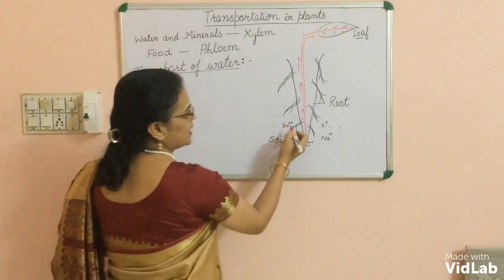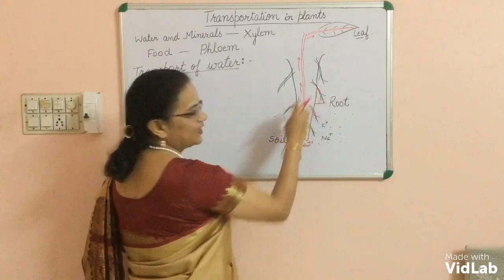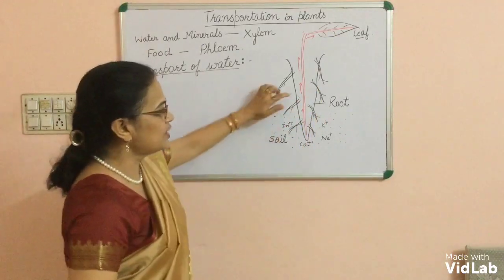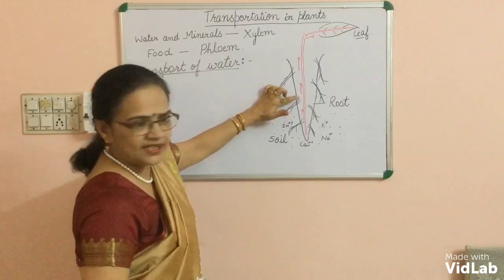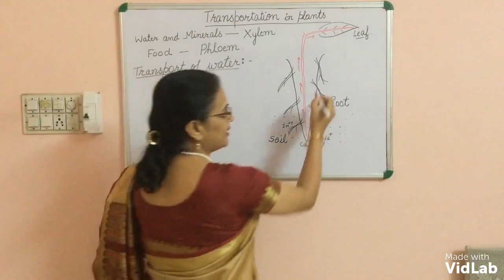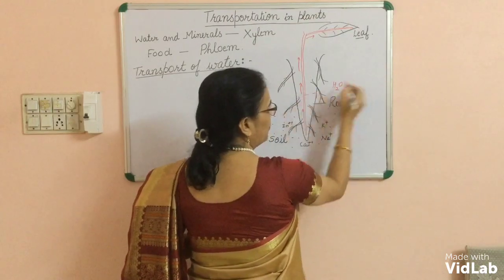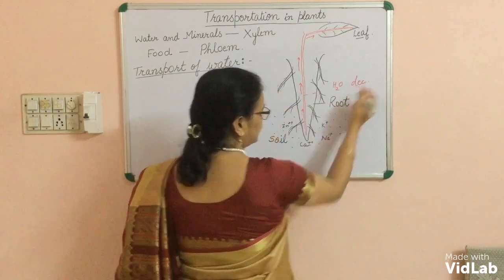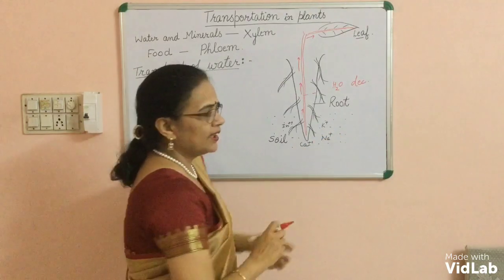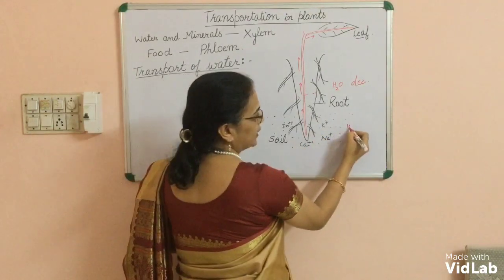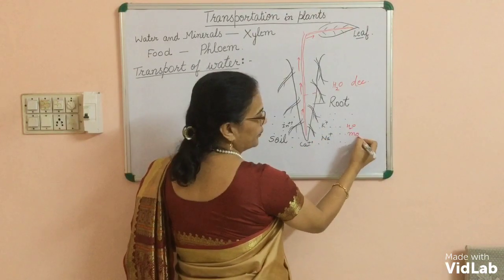When more ions are inside the root, the concentration of water inside the root decreases. But outside, the concentration of water is more.